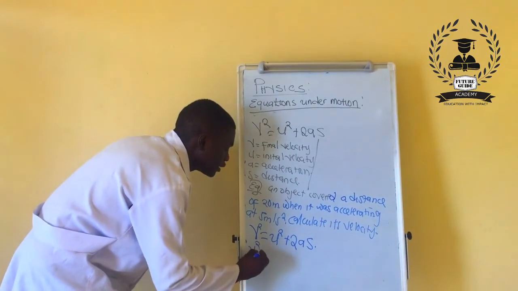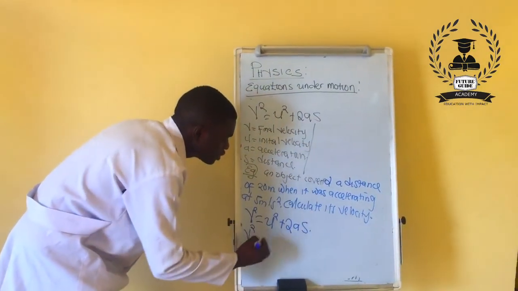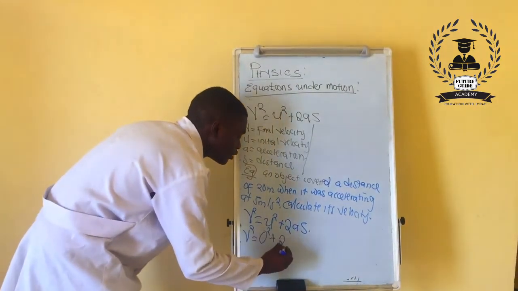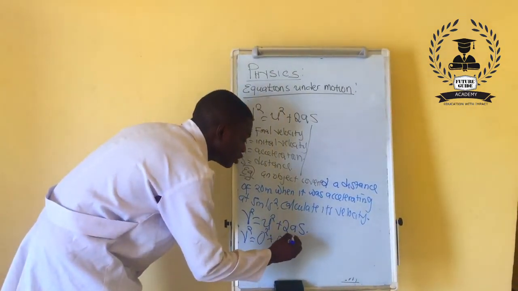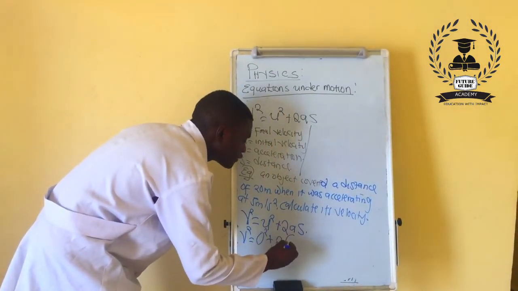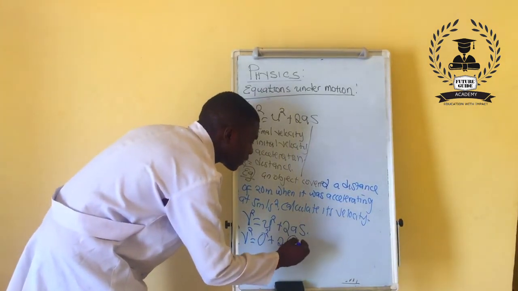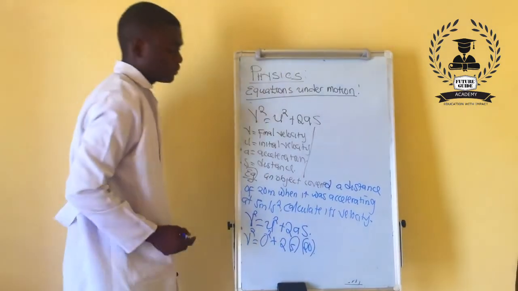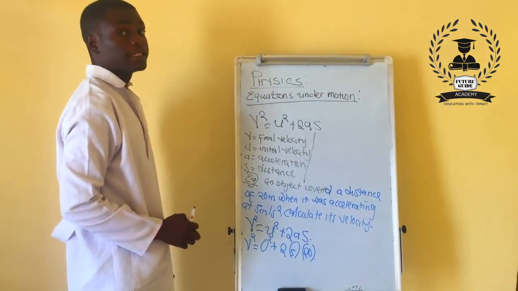Our initial velocity is not stated, so it's 0 squared, plus 2 times our acceleration, 5, multiplied by 20.